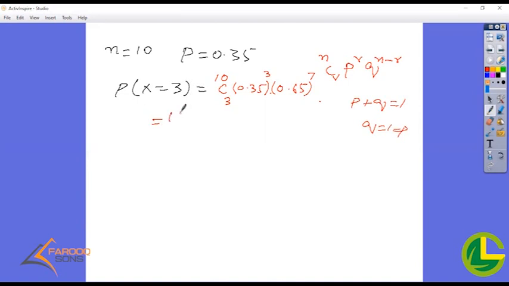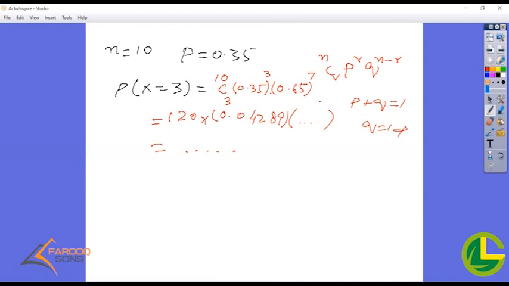Then 0.35 power 3 is 0.042875, or you can make it similar. Find 0.65 power 7 and multiply these values, and you get the final answer. I'm leaving it for you.